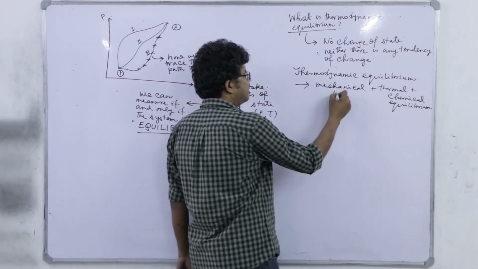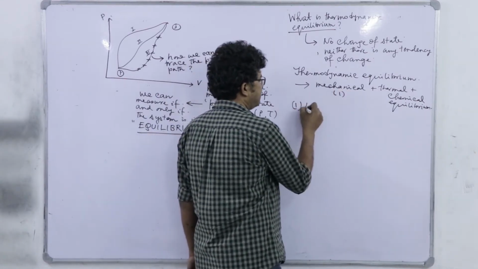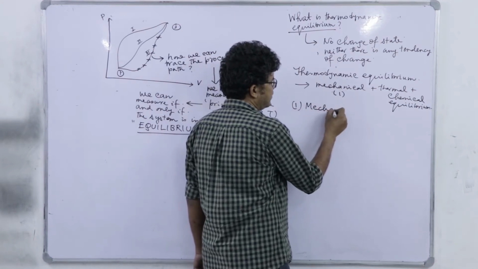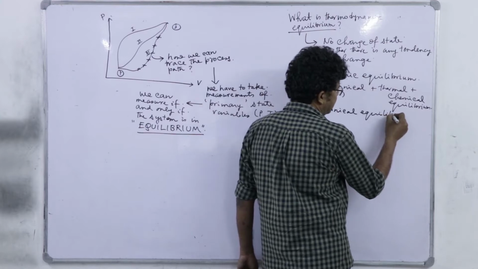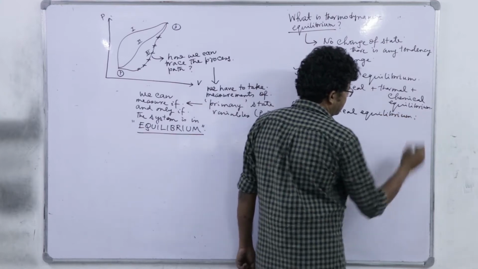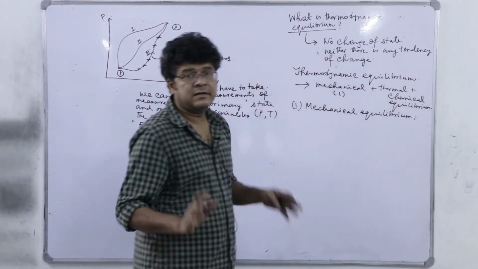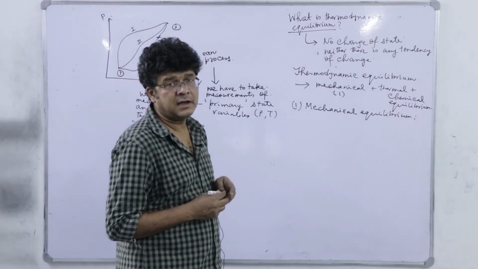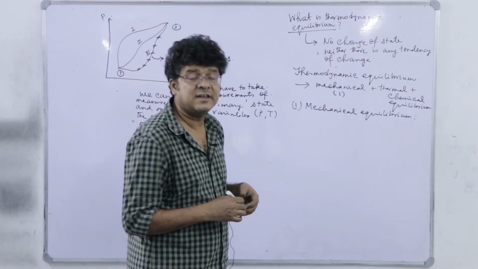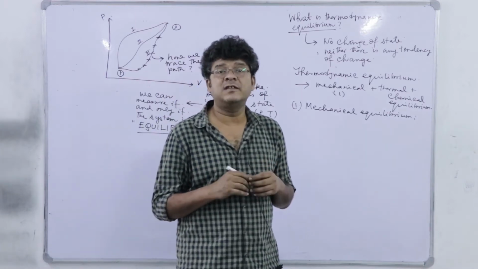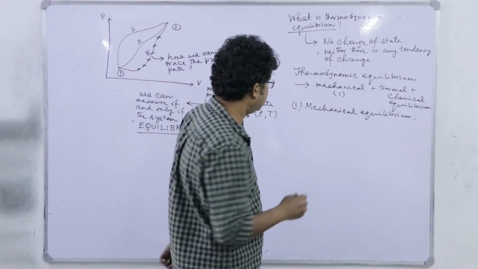Number 1, mechanical equilibrium, the condition of which we are going to discuss. As you all know, there will be no unbalanced force, and additionally there will be no unbalanced moment at the same time, right.